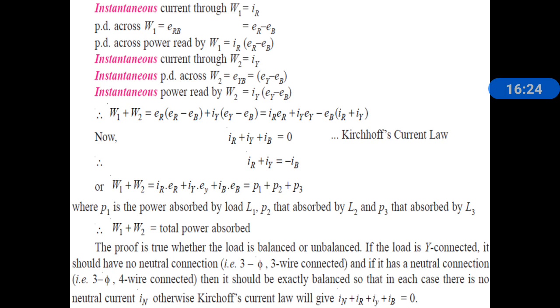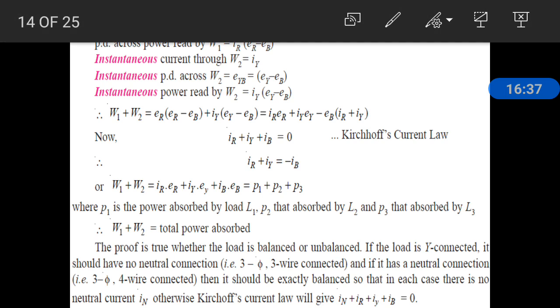The power read by wattmeter 1 is IR into ER minus EB, the current into its instantaneous voltage.